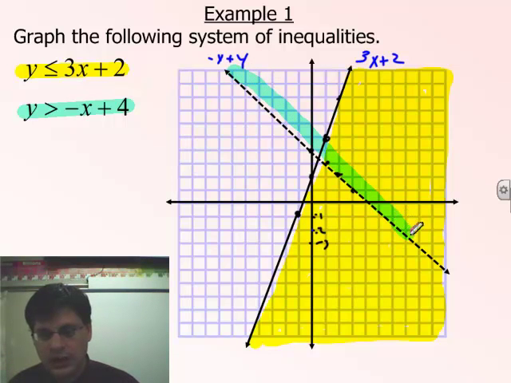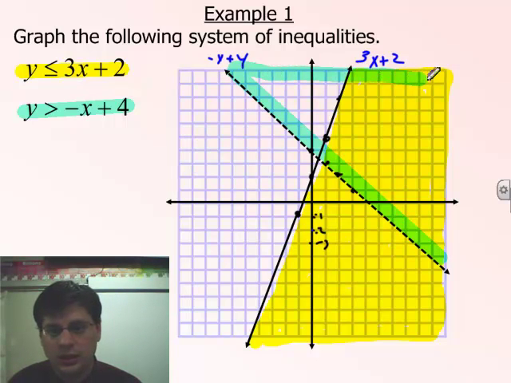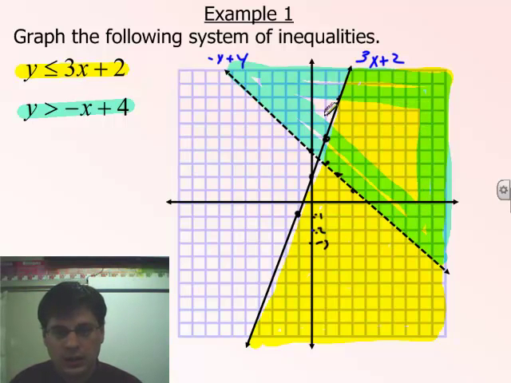Some of it is going to be outside of the shaded region for the first one, and some of it is going to be inside. But we want to get everything, because all of this stuff is, in fact, a solution.